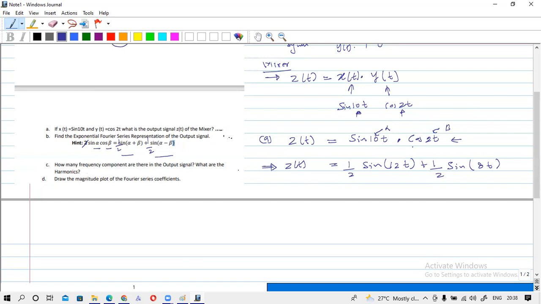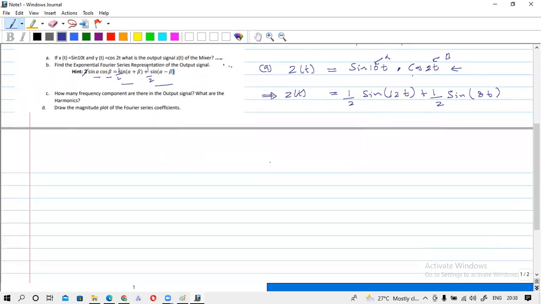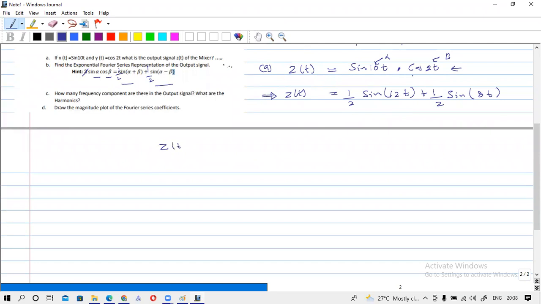Now we have found the Fourier series representation of many signals of this kind. So you can use that knowledge and find the Fourier series representation easily. But before that you need to verify the period of this signal.